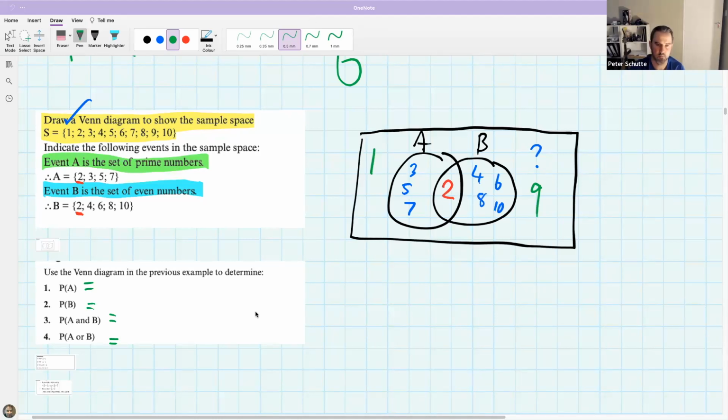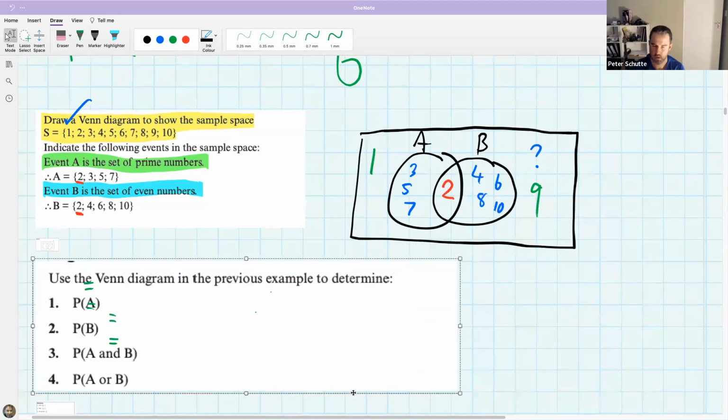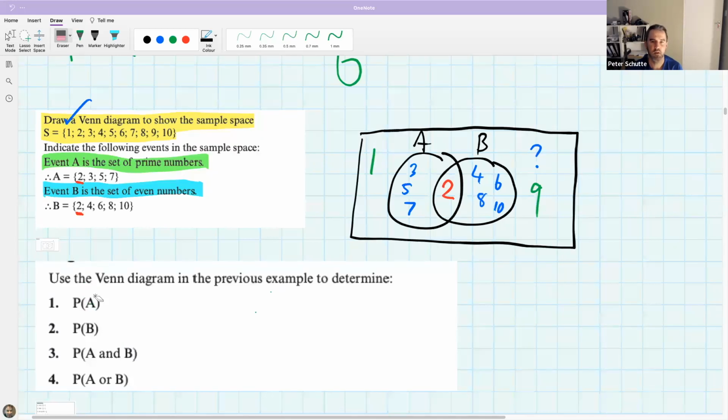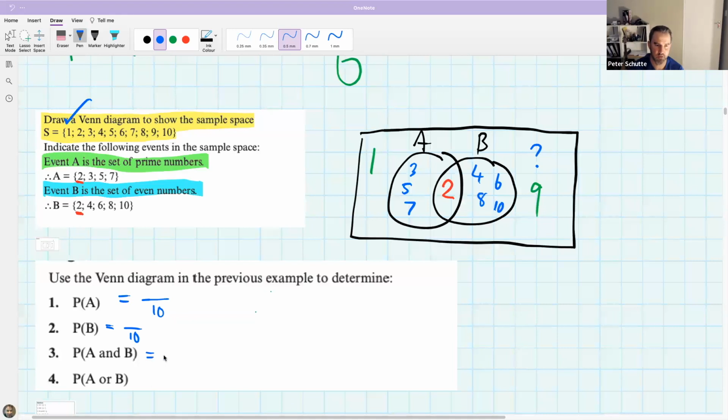I'll even make my question a bit bigger so you can see. I want you to answer those questions there. And I see Sate's got an answer, and Fazama's got an answer, and these are definitely all going to be out of 10 because there's only 10 numbers.